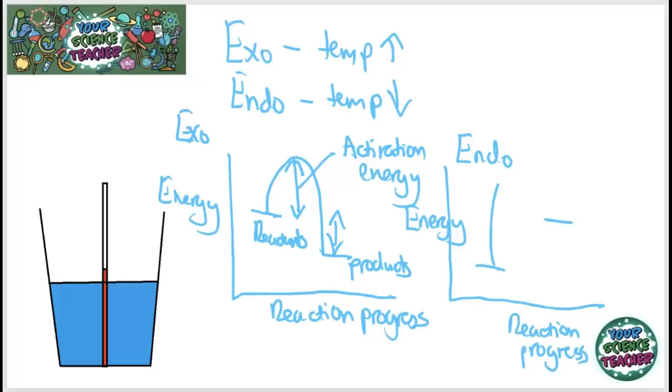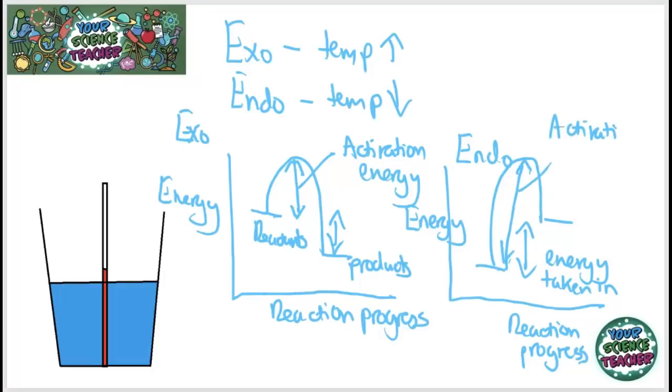So it still requires activation energy to get started, and this gap between them is the energy taken in from the surroundings, and the gap all the way from below here to the top, this is my activation energy, the energy needed to start my reaction.